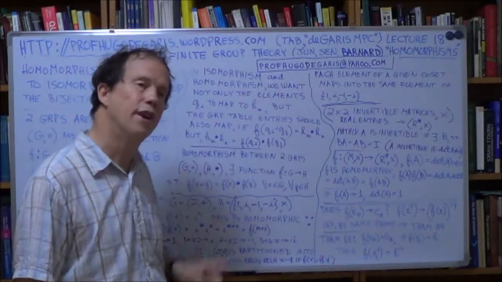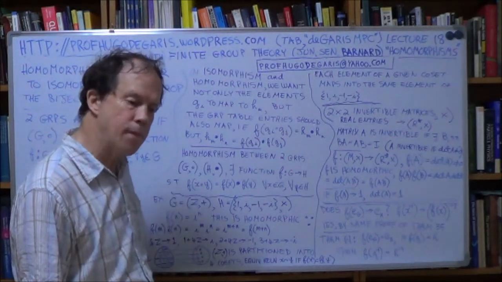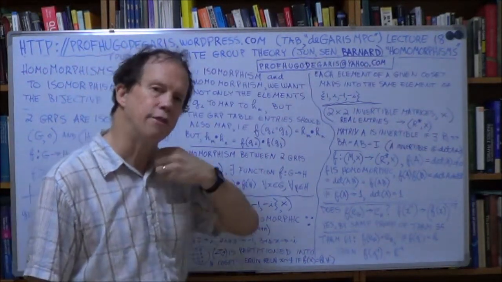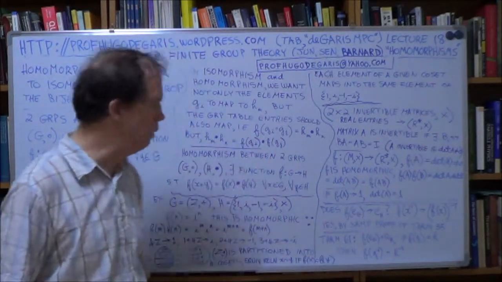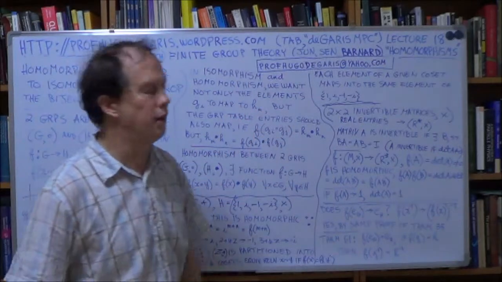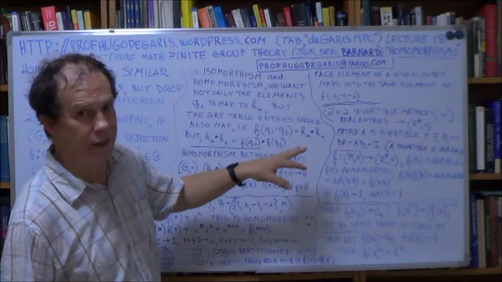Now you're probably quite familiar now with isomorphism. So just think of, as a rule of thumb, homomorphism as just an isomorphism with the bijective criterion thrown out. Right? So it should be fairly familiar. It's a more liberal, more encompassing definition than isomorphism.